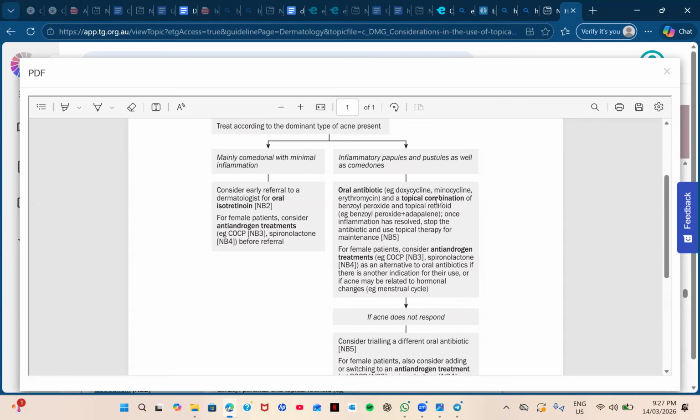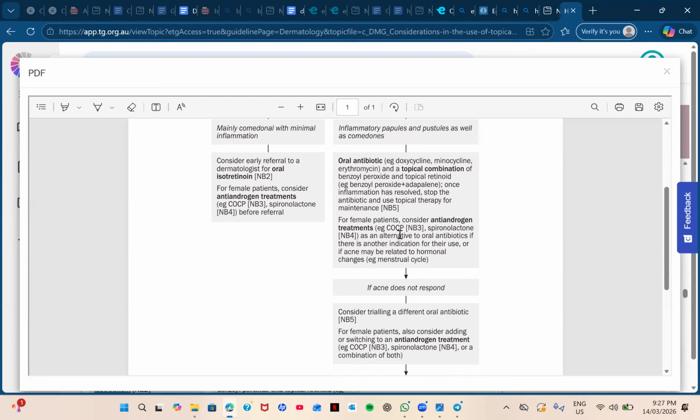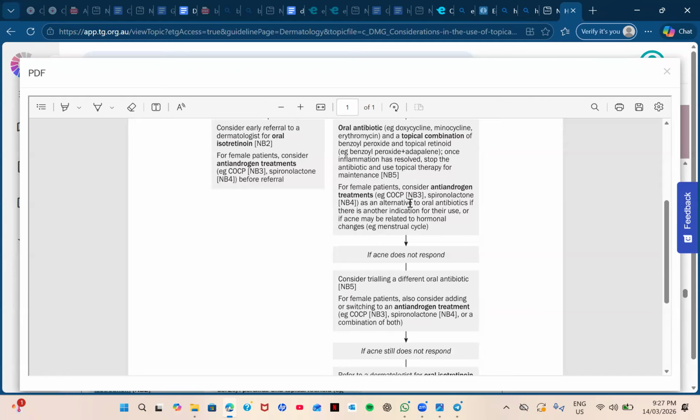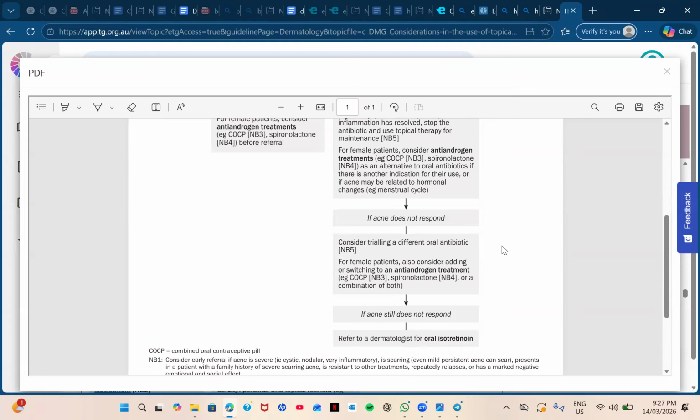And if it is mainly inflammatory papules, then oral antibiotic plus a topical combination of benzoyl peroxide and topical tretinoin. Here you are using three things, right? Benzoyl peroxide, tretinoin, and oral antibiotic, right? In a female patient, consider anti-androgenic treatment, so you can give spironolactone.